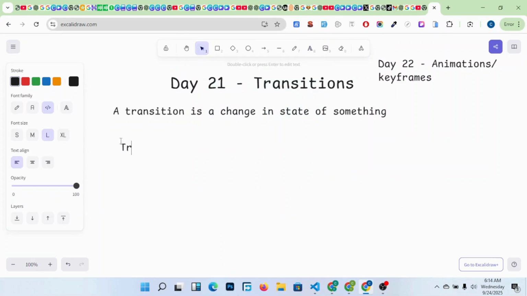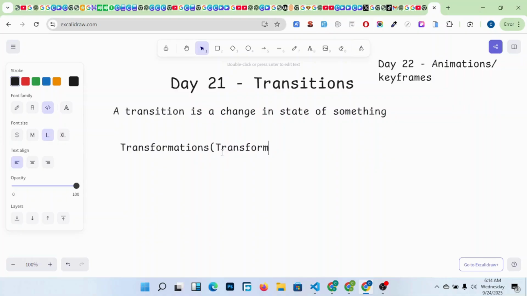This one is what they call transformations. So what does transformation mean? Those are what we normally call transform.